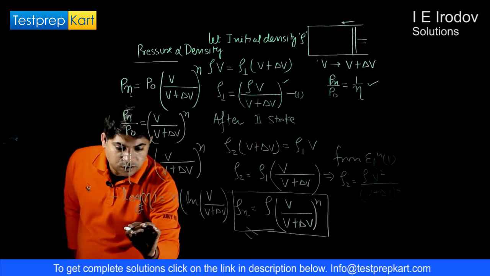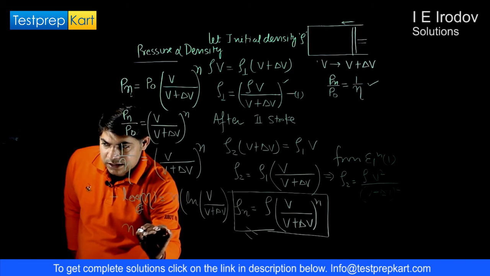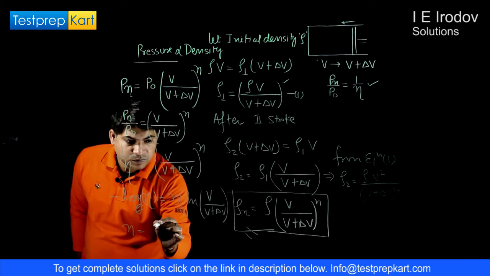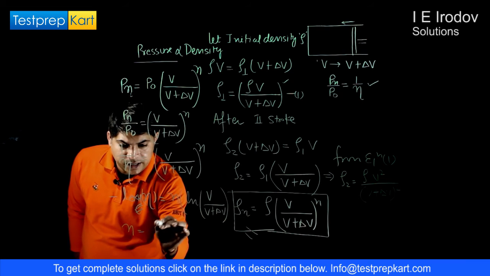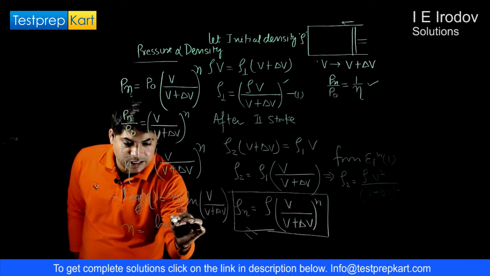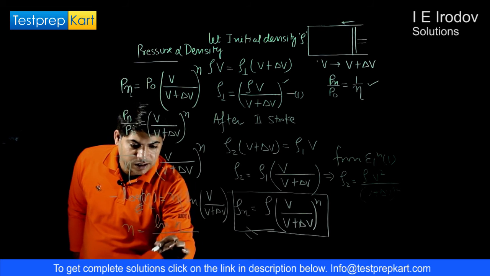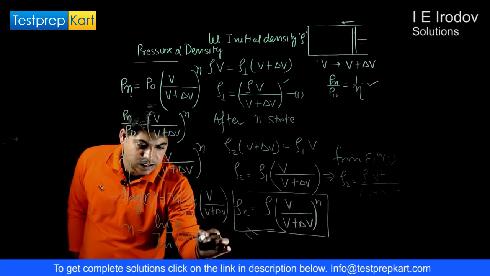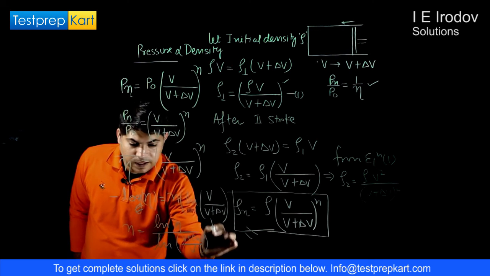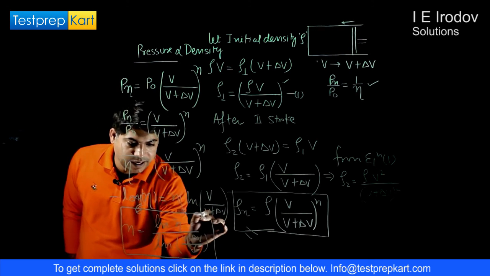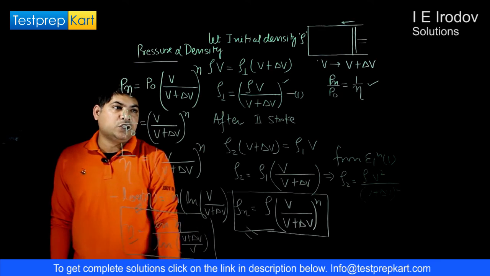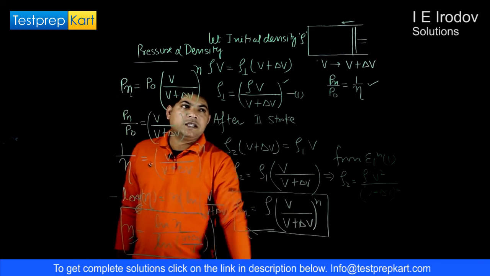So from here we get n is equal to ln eta over ln of V plus delta V upon V, because there was a negative sign, so we can change it. So this is our final answer, that after this many strokes the pressure will change.